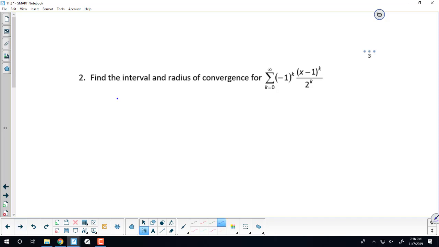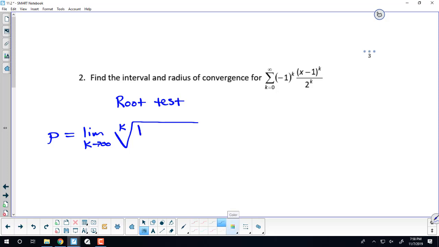So we'll do the root test, where rho is the limit at infinity of the kth root of the absolute value of our term there, negative 1 to the k, x minus 1 to the k, all over 2 to the k.